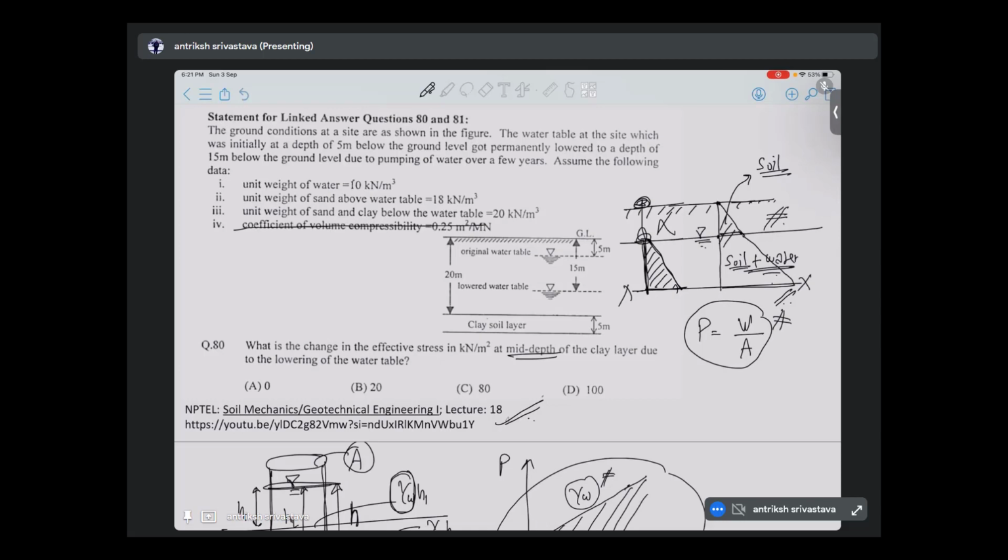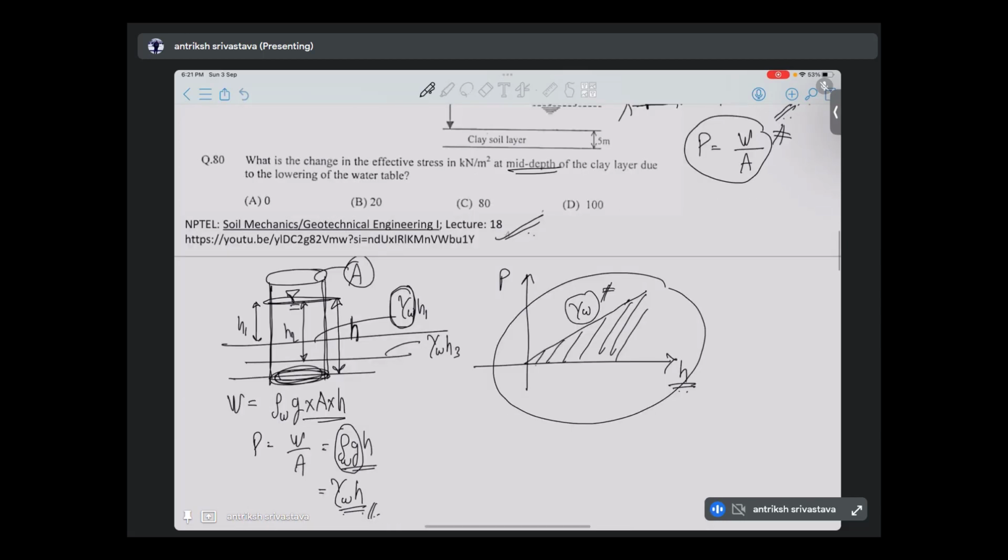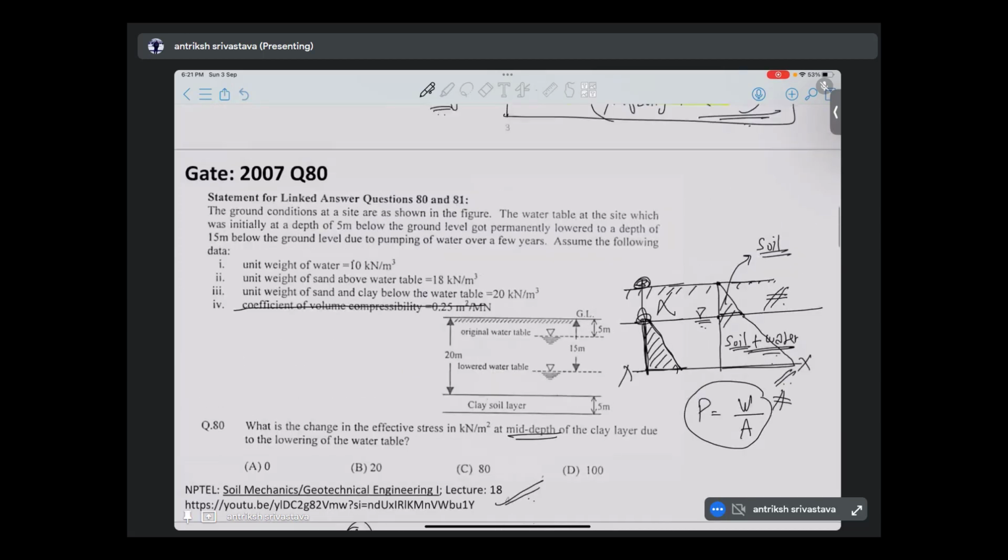Okay. So at this depth, now we talked about water here. We can easily replace this gamma w by gamma of soil. So for soil, if we look at this depth, let's say h from the top, the pressure here is going to be gamma soil into h.